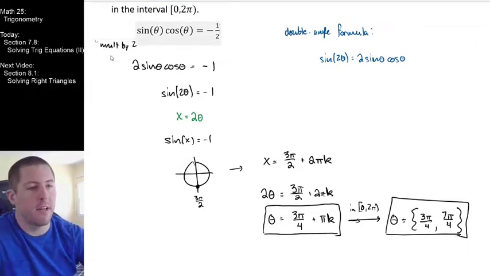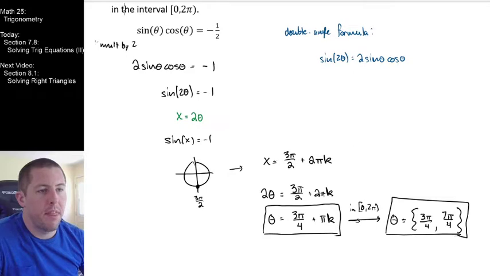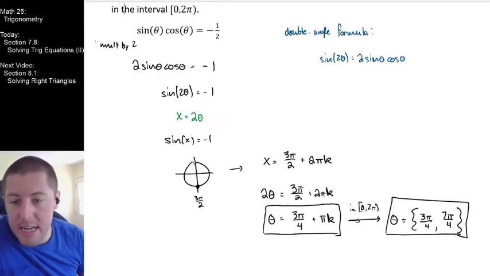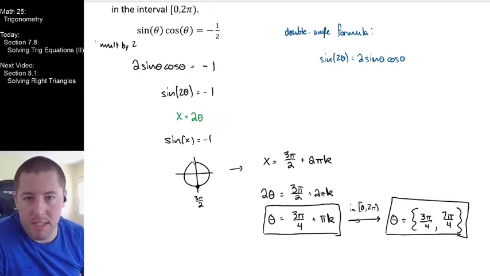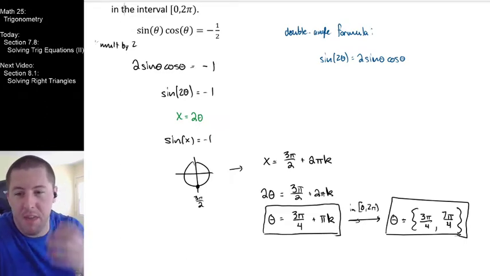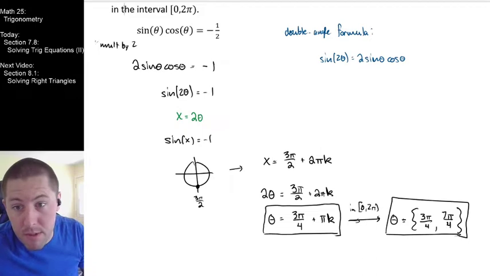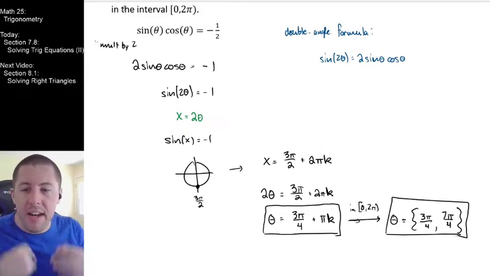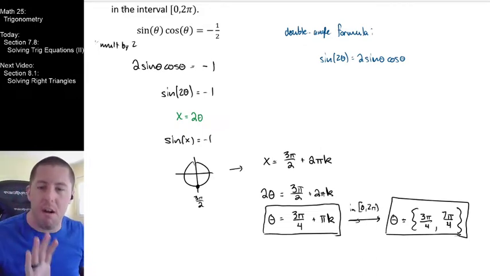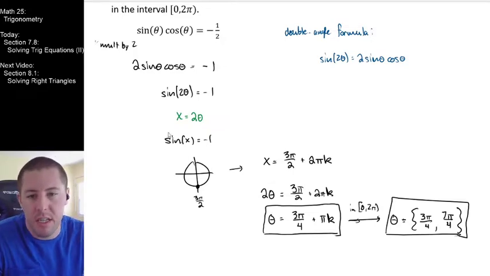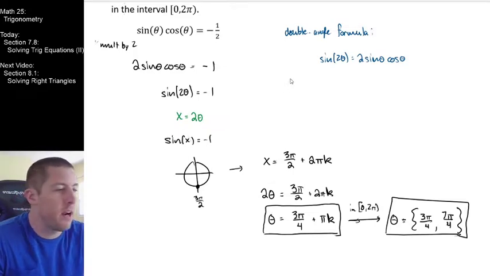And the point here is, anytime you have more than one thing that's challenging for you, you need to just deal with one of the challenging parts at a time. So as soon as you see that multiple of theta on the inside, you should be like, dang it, I wish that wasn't there. Make a variable substitution so it's not there, and then deal with it later, right? I'm putting off that being an issue so I can just deal with the fact that this is the sine function right here.